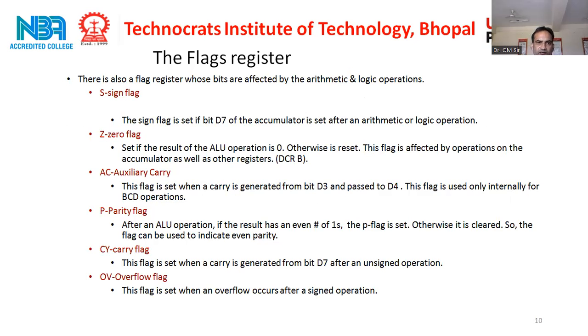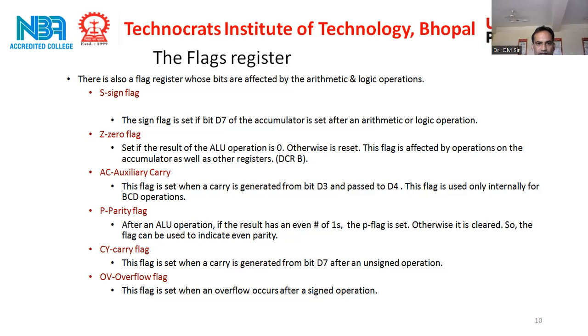These are the flag register of the 8085. Here S indicates the sign flag. The sign flag is set if bit D7 of the accumulator is set. The zero flag, Z flag, is set if the result of an ALU operation is 0. Auxiliary carry flag: this flag is set when a carry is generated from D3 and passes to D4.